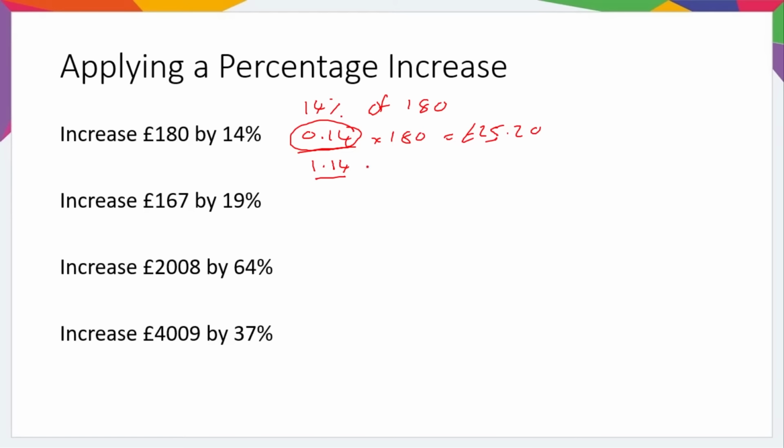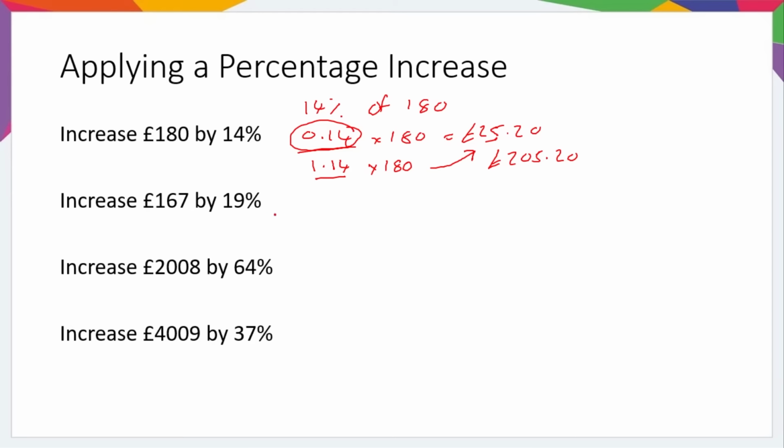So if we just type into our calculators 1.14 multiplied by 180, that will take us automatically to the final answer, which is not 25.20 but 180 plus the 25.20, which is £205.20. So we need to really make sure we have a good understanding of percentage multipliers. If you're working out 14% of an amount, you'd use 0.14, but to increase by 14%, use 1.14.